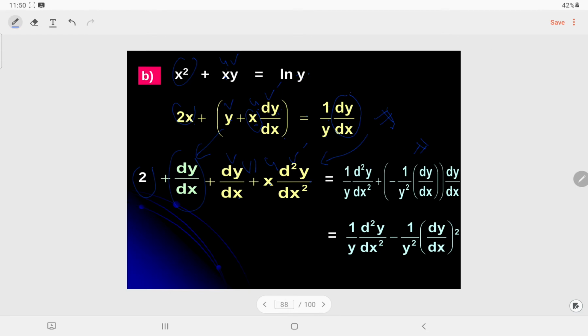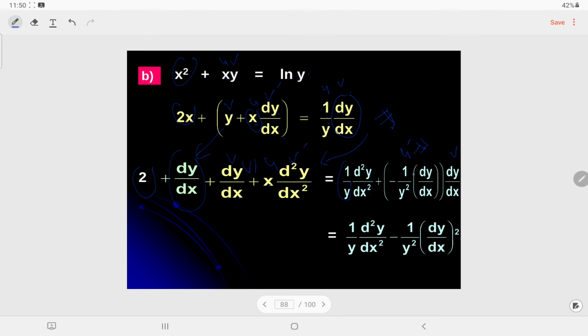We differentiate this one. This is u, this is v. So u times v prime dy over dx. Differentiate once again, so we get the second derivative d square y over dx square, plus v times u prime.